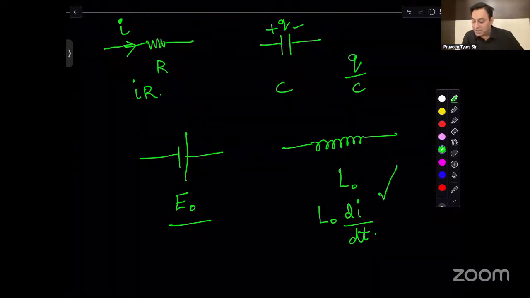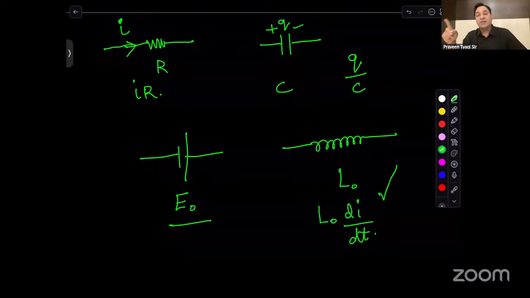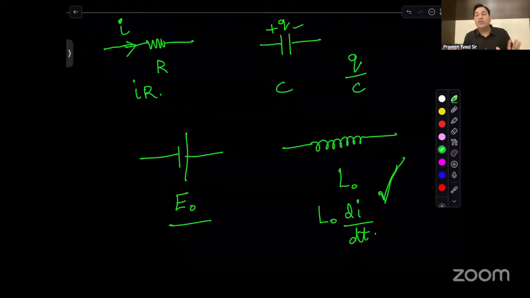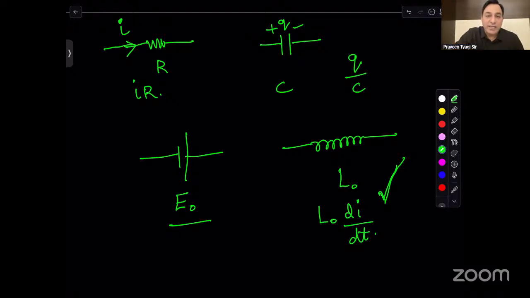We'll come to this later when you have studied magnetism and learn EMI, electromagnetic induction. Then you will be using this term. But these are the only 4 terms that you'll be using in any circuit. Now, for all these 4, you should know how you have to write the equation and how to determine the sign. Just please pay attention.